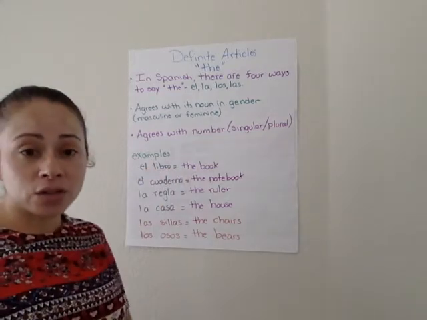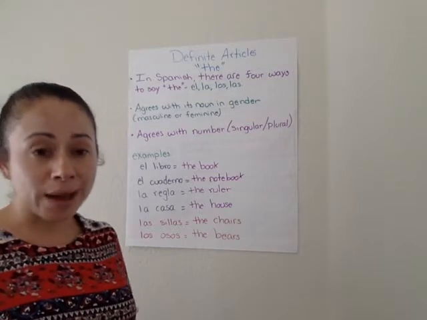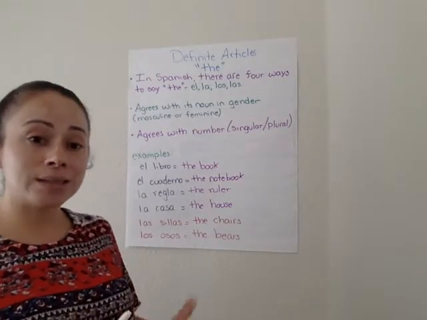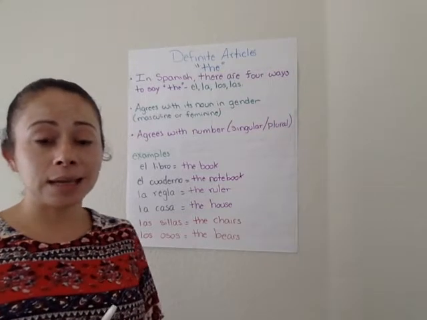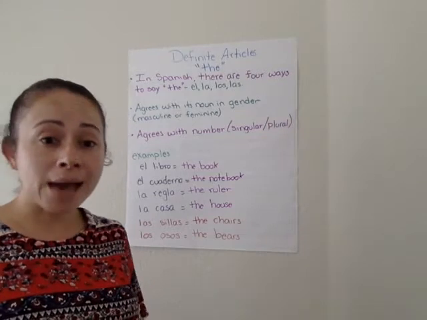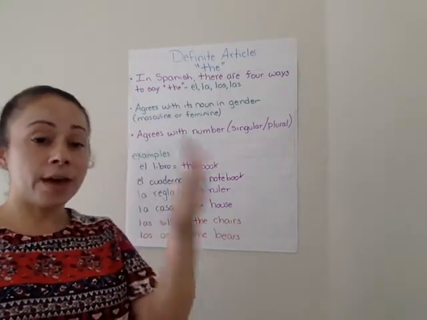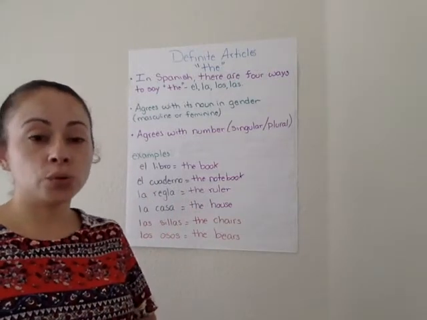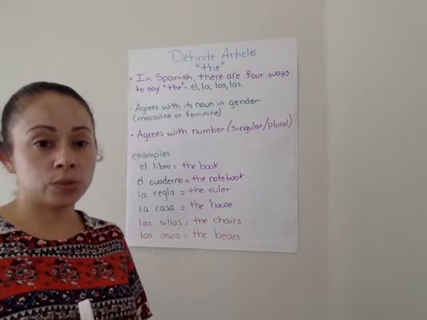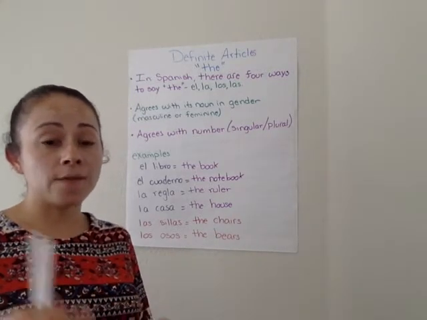Well, in Spanish, nouns have a gender, whether they're masculine or feminine. For example, casa is considered feminine because it ends with an A. Oso is considered masculine because it ends with an O. So that's why it's important to be able to understand and tell the difference between masculine form and feminine form.